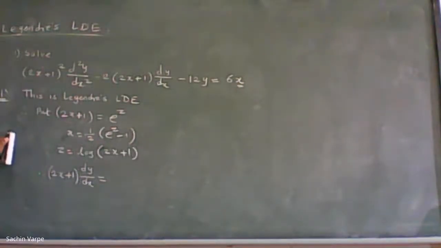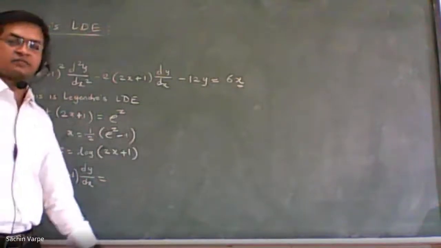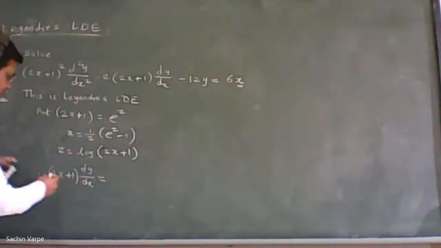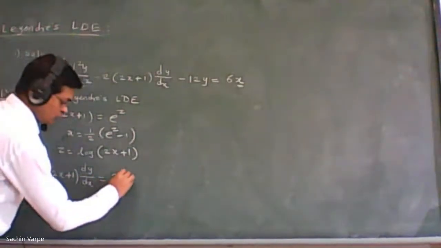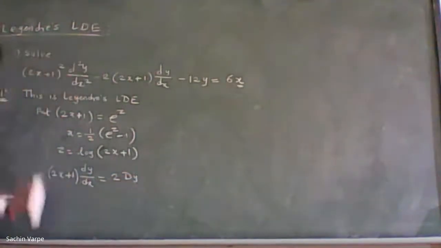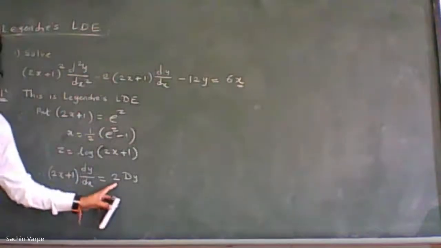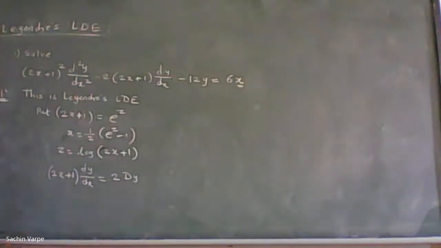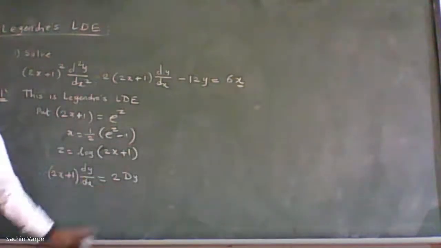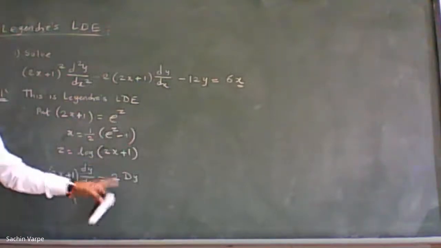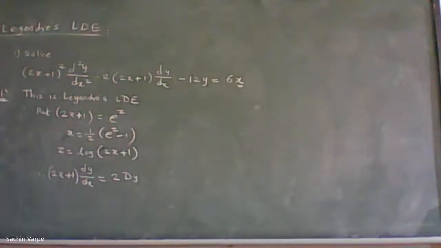Actually, the substitution is a Dy, where a is 2. So that is 2 into capital D y. Remember, where a is 2. And that is the only difference between Cauchy's and Legendre's, remember. The powers of a we are multiplying. Otherwise, the substitutions are same.